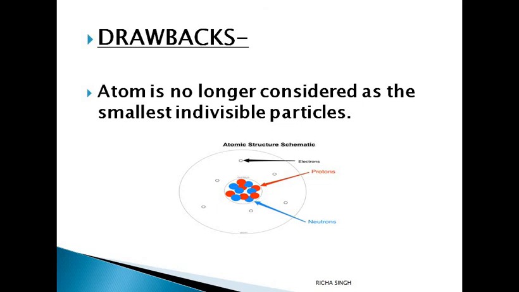It was proved wrong; the atom is divisible, and the different subatomic particles of an atom are electron, proton and neutron. Electrons revolve in the orbit. Protons and neutrons are in the nucleus, in the center of the atom. Electrons have a negative charge, protons have a positive charge and neutrons are neutral in nature. This was the first drawback.